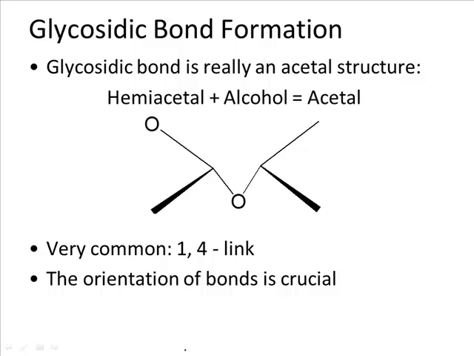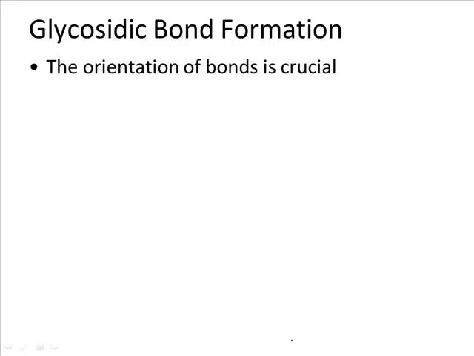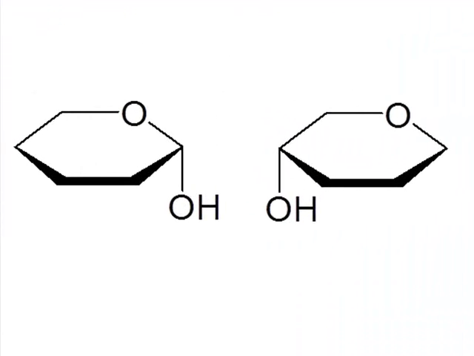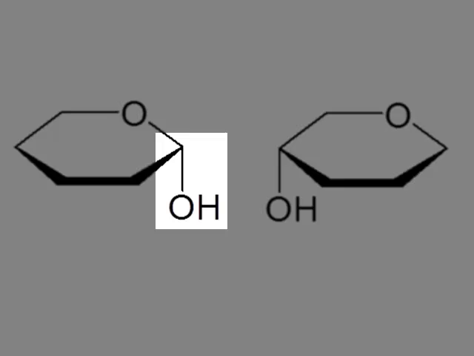Let's look at how. In the example we just saw, it was relatively easy to deal with the orientation of the bonds because both of the OH groups were already oriented pointing down. In the case of the monosaccharide on the left, this OH group is pointing down because whatever monosaccharide it must be has the OH in the alpha position, pointing down.